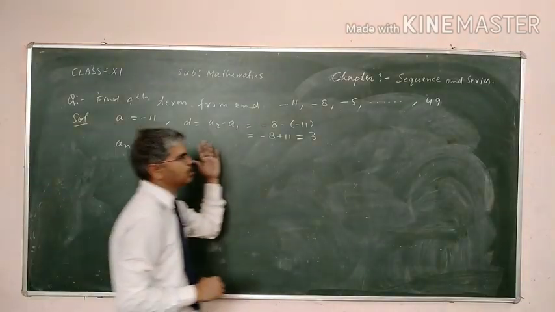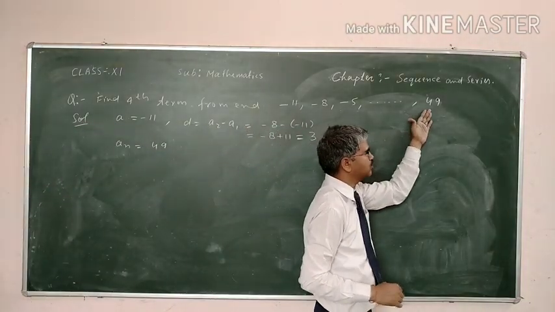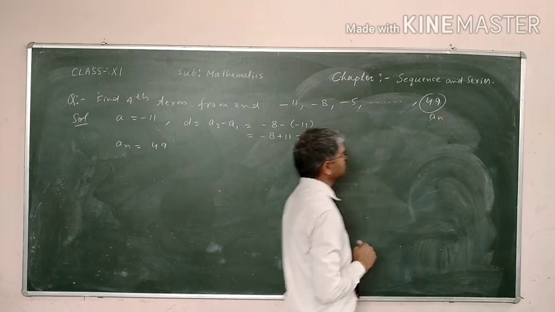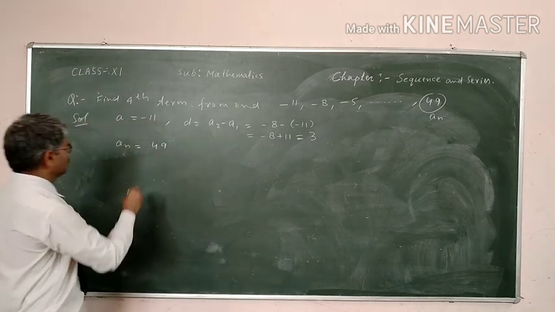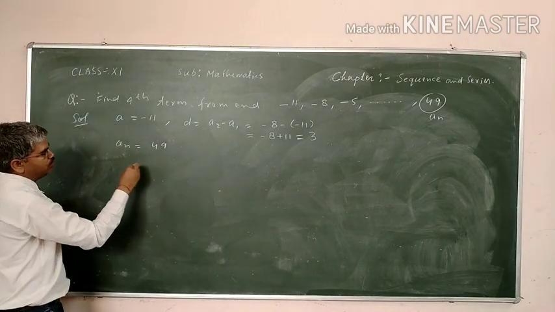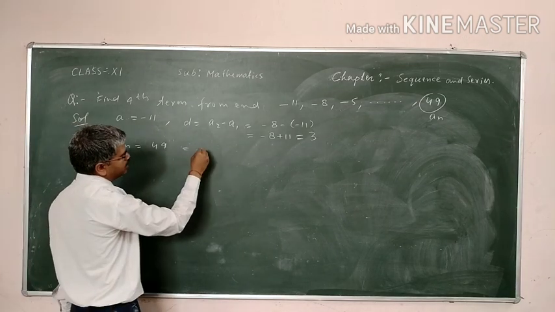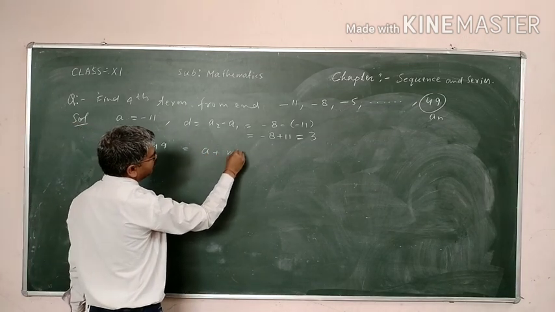Suppose that the last term is the nth term of the sequence. This is called an. So an is equal to 49. The nth term can be defined as an is equal to a plus n minus 1 into d.